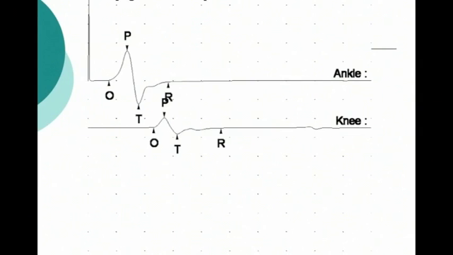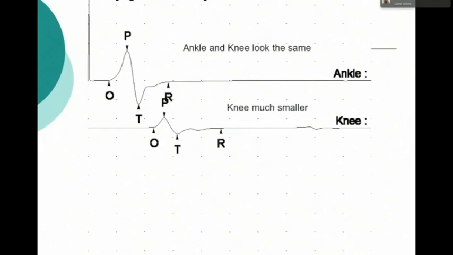Example in which, again, from the tibial nerve, look, the responses look the same here. But what is the problem? The problem is that the knee response is much smaller than the ankle response. That means we found the nerve because we're getting a response. We're stimulating it in the right place, again, because we're getting a response. But guess what?